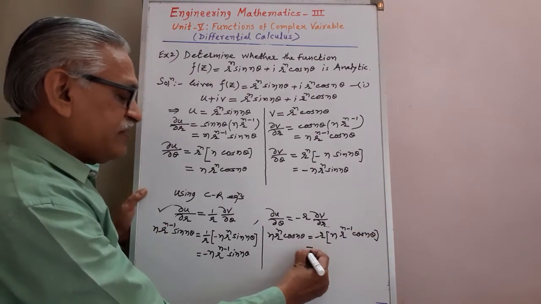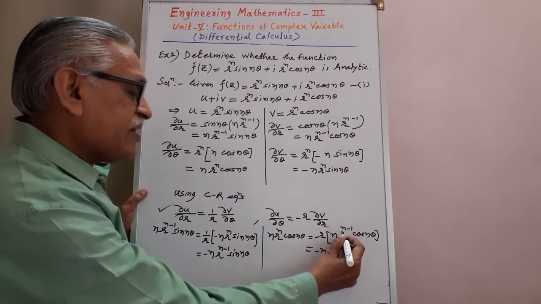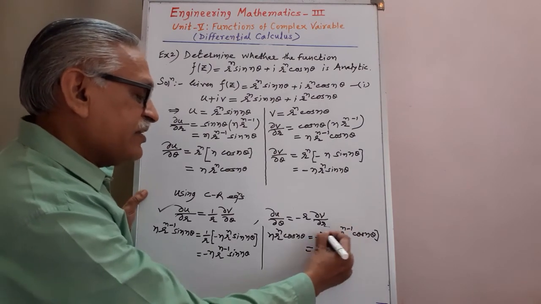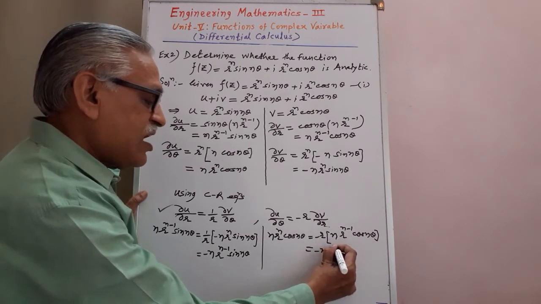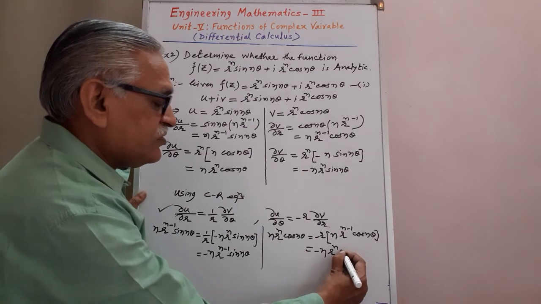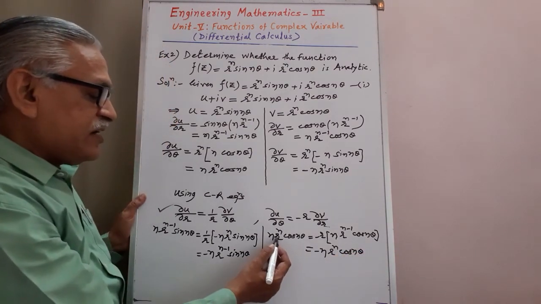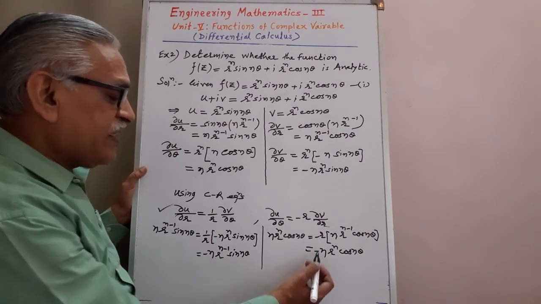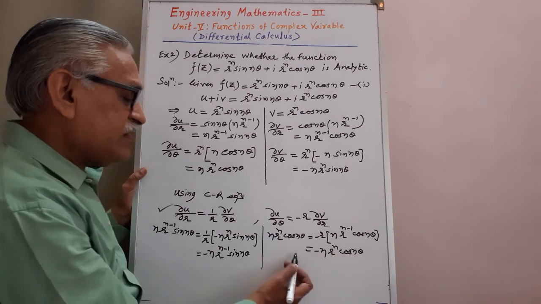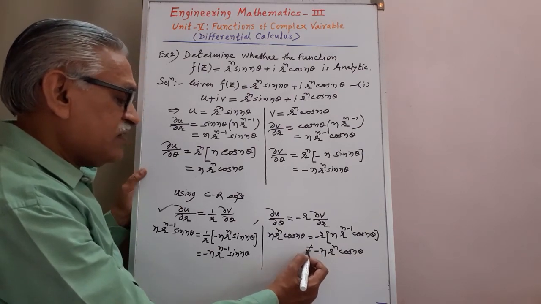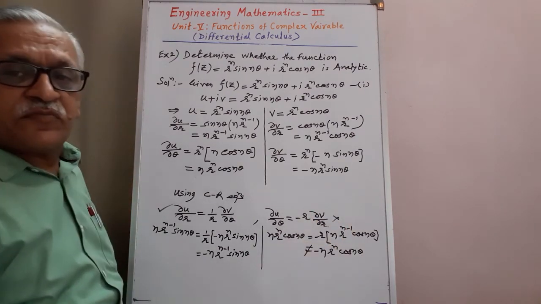And if you simplify it, the right hand side term, we have minus n r raised to n minus 1 into r, adding the power we get n minus 1 plus 1, we get only r raised to n into cos of n theta. Left hand side is n r raised to n cos, right hand side we are getting minus n r raised to n cos n theta. These two are not equal, means condition is not satisfied.